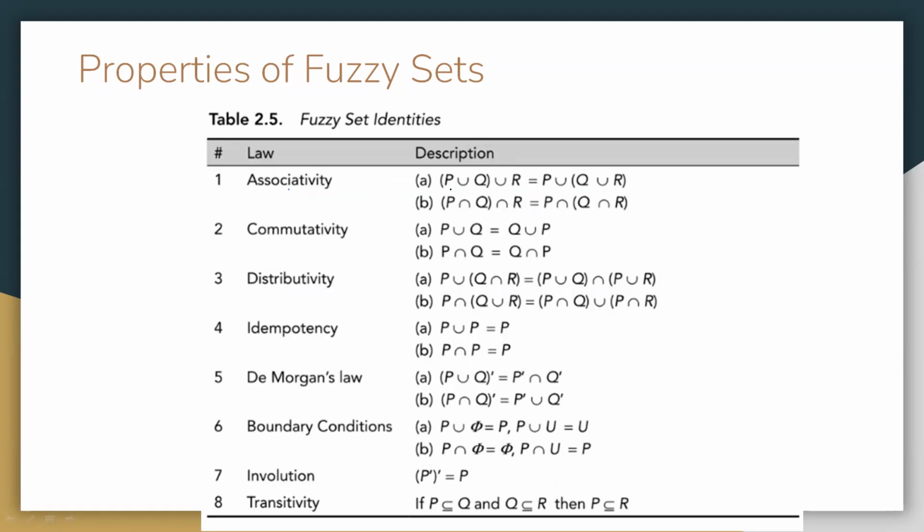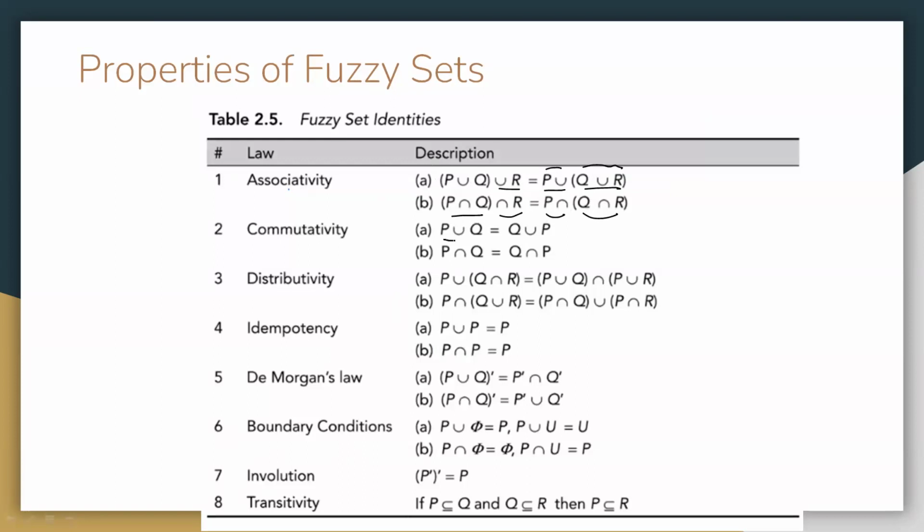If you have fuzzy sets P, Q, and R, then P union Q, the whole union R, is equivalent to P union the union of Q and R. Similarly for intersection: P intersection Q, intersected with R, is the same as P intersected with the intersection of Q and R. So they are associative in nature.